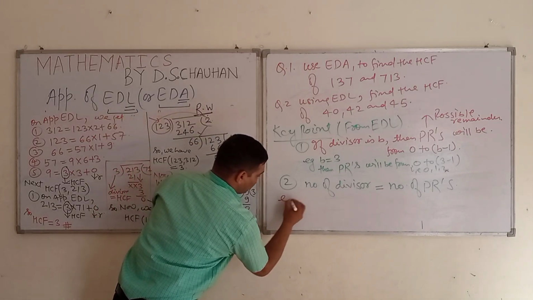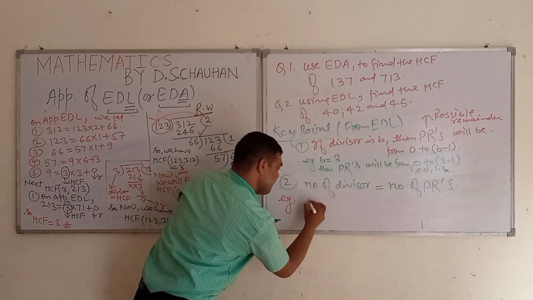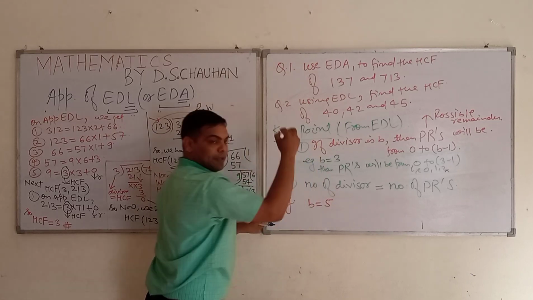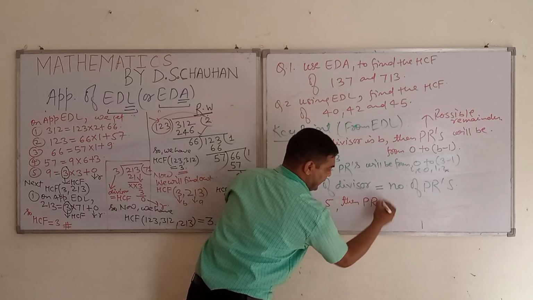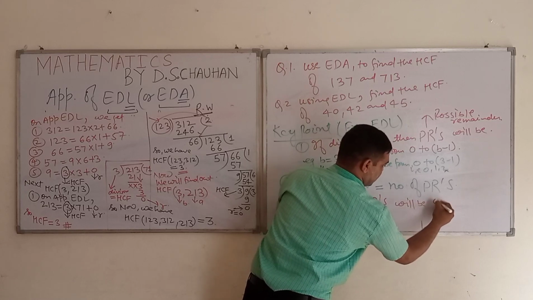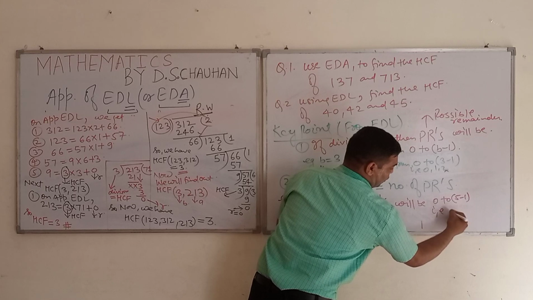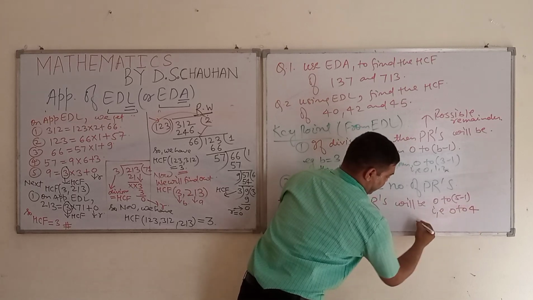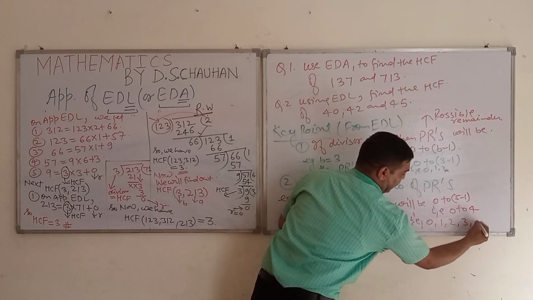Here, suppose the divisor B equals 5, then the possible remainders will be 0 to 5 minus 1, that is 0 to 4, which will be 0, 1, 2, 3, 4.